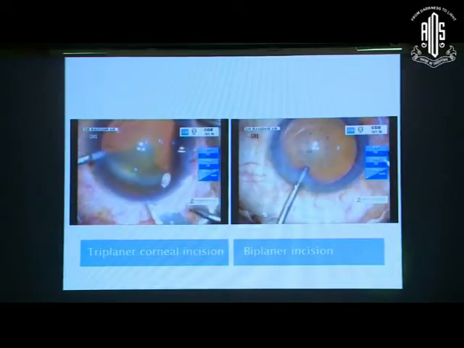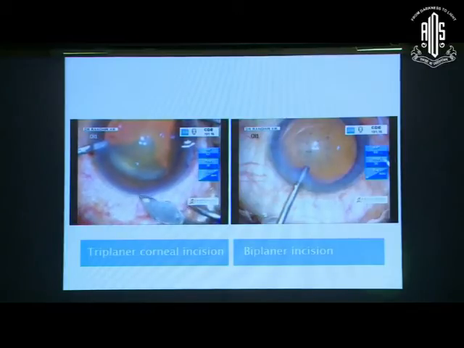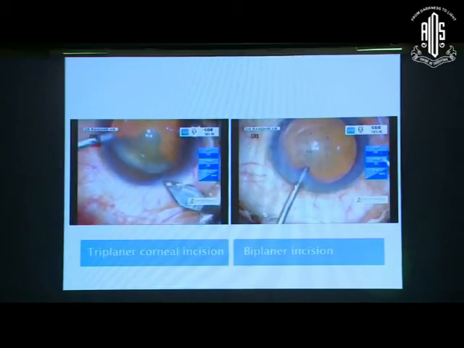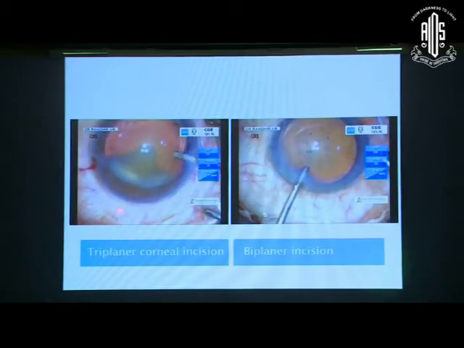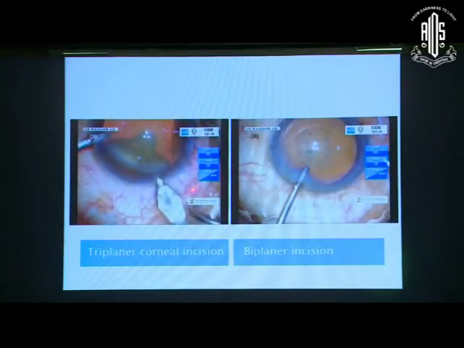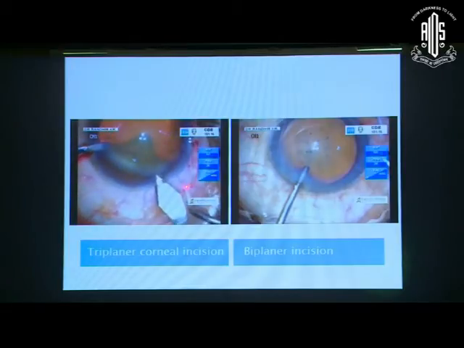This is a video which will show you how to make a triplanar incision. You have to make a scratch incision first. You can use blades for this scratch incision, or you can use the keratome. And this is how you enter the clear cornea.